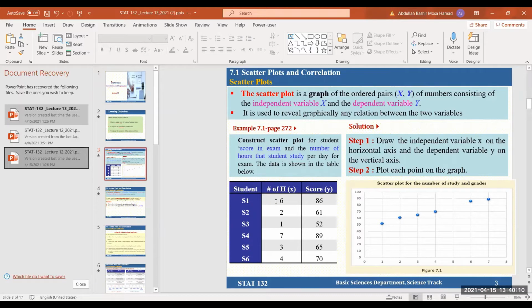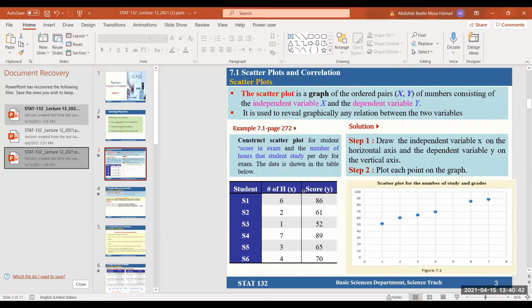The first student studies 6 hours at home every day, and he gets 86. Student 2 studies 2 hours, gets 61. Student 3 studies 1 hour, he gets 52. Student 4 studies 7, and so on. Student 6 studies 4 hours, gets 70. Our question is, does a relation between student study hours per day and student score exist or not?